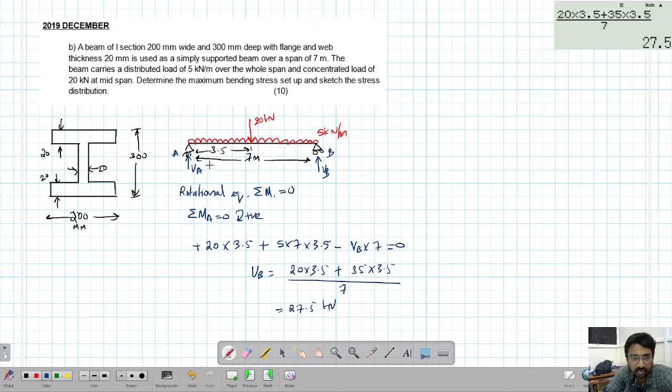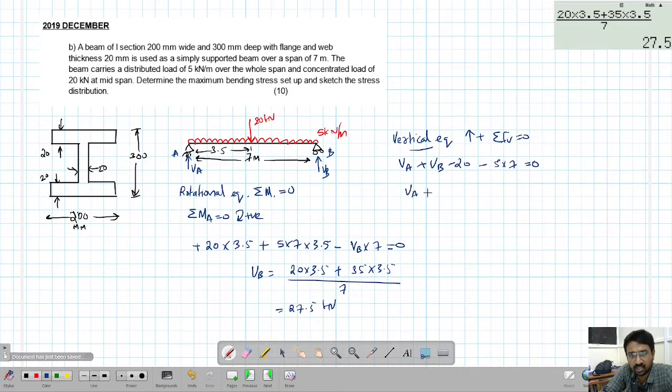Now, because of symmetry, we can also write VA is also the same value, or you can use vertical equilibrium. Sum of all forces in the vertical direction equal to 0, with upward positive: VA plus VB minus 20 minus 5 into 7 equals 0.